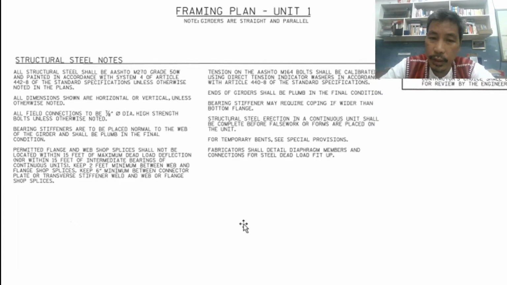So we need to use heavy equipment, for example, crane, boom crane, to set up the erection of the steel components, while the false work and forms are placed on the unit. So that is for temporary support, false work and form works.